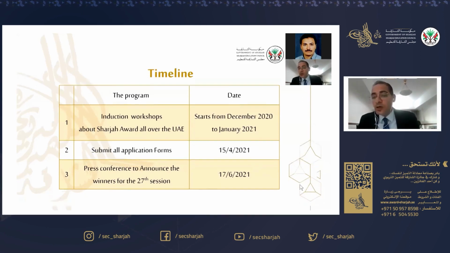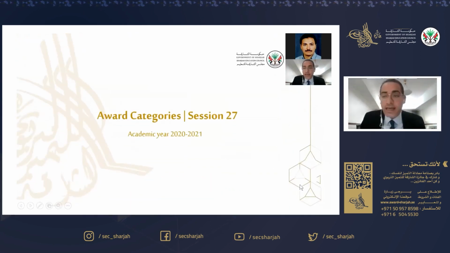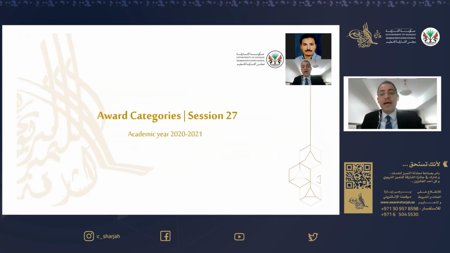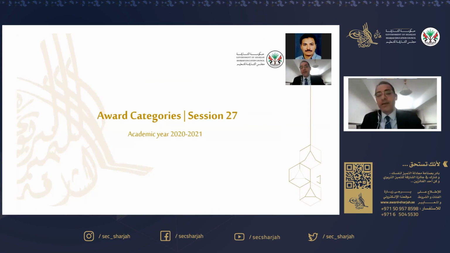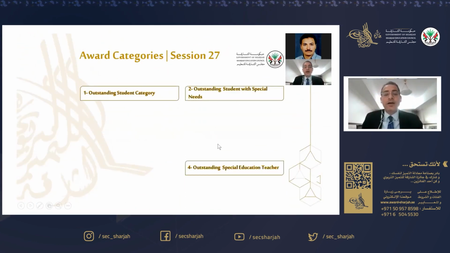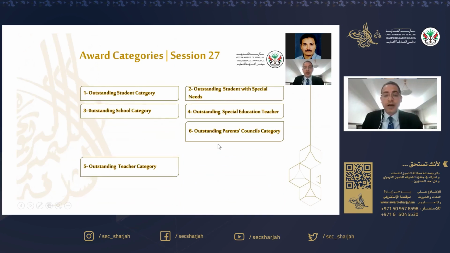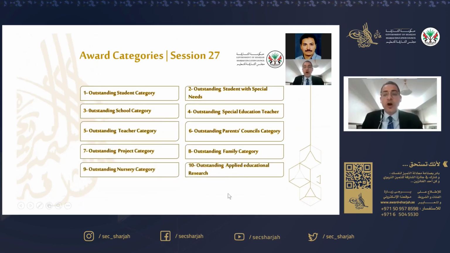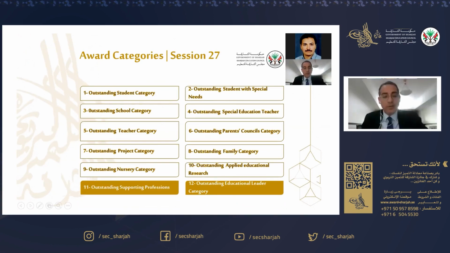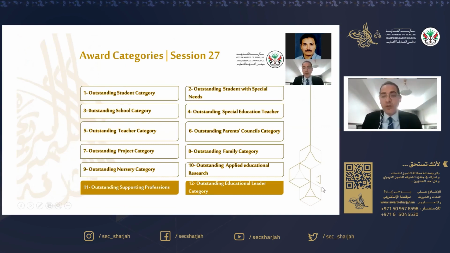As you also know, the award has 12 categories, listed as you see in front of you on the screen. 2 of these categories were launched this year, which means that Sharjah Education Council is expanding what they're doing.